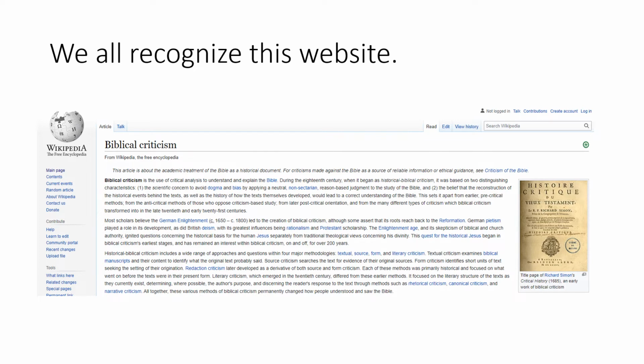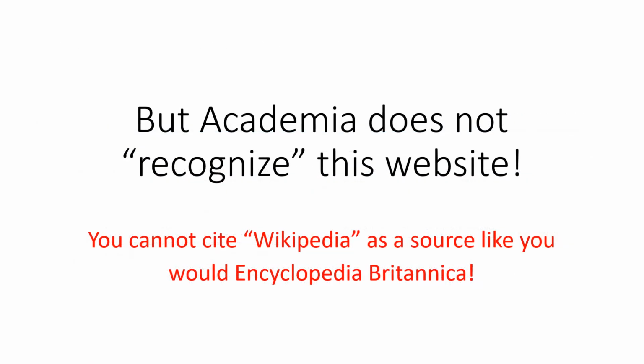However, there's a problem, and that is that academia does not recognize this website. In other words, you cannot cite Wikipedia as a source like you would Encyclopedia Britannica. They're not the same. Wikipedia is group sourced, so there's no real way to guarantee the reliability of the information.